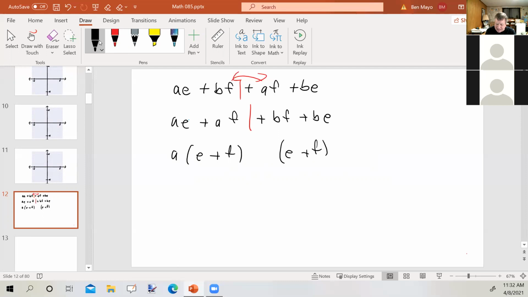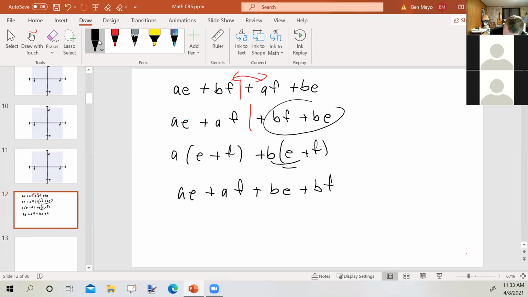Well, things kind of work out. If we put a plus B here, I get the same thing as up there, but the terms have switched their orders, and that's okay. I suppose if you wanted to really make it look awesome, you'd say AE plus AF plus BE plus BF. So switch those around as well.